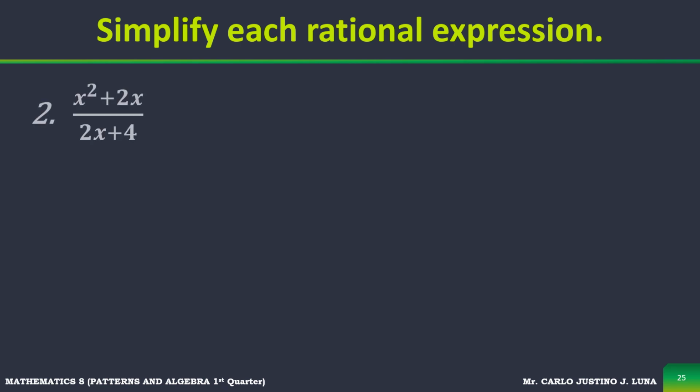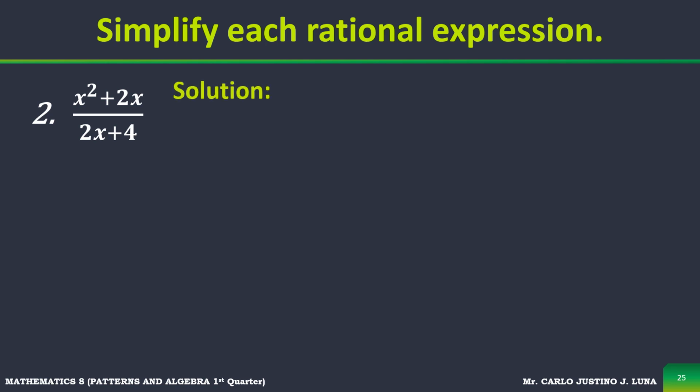Number 2. X squared plus 2x all over 2x plus 4. So, in number 2, we have binomial. Okay? Binomial over binomial. So, in this given, we will apply factoring polynomials.